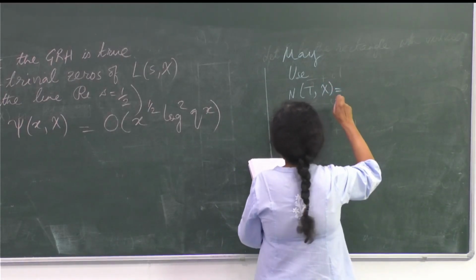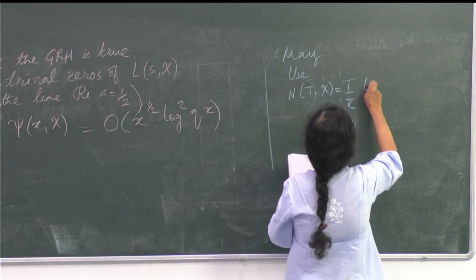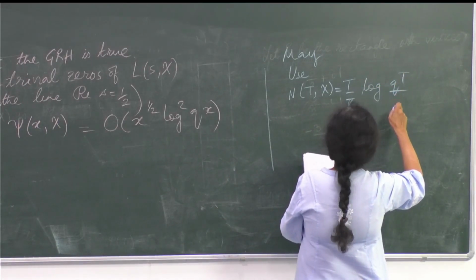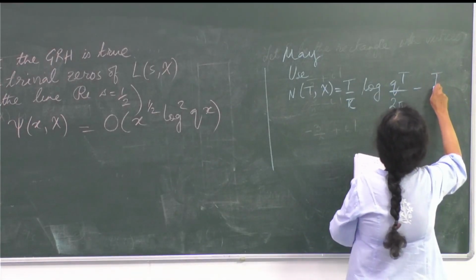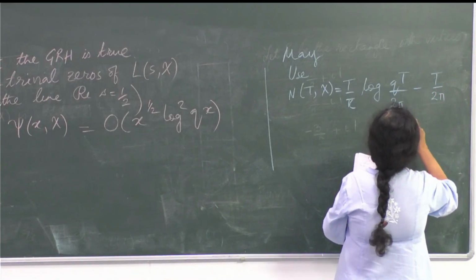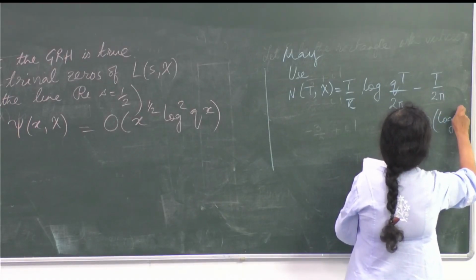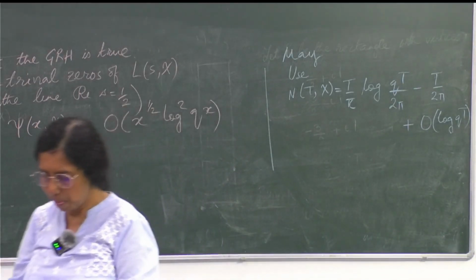N(T, chi) is T by pi log Qt by 2 pi minus T by 2 pi plus big O of log Qt. Okay, so this is something you can use.